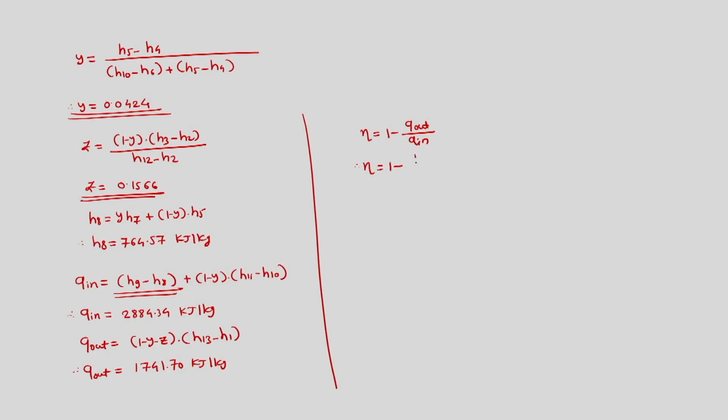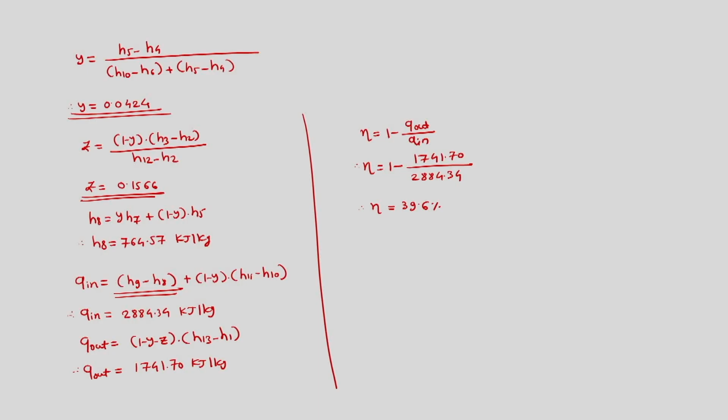So, it is 1 minus 1741.70 divided by Q in, which is 2884.34. So, we get efficiency equal to 39.6%.